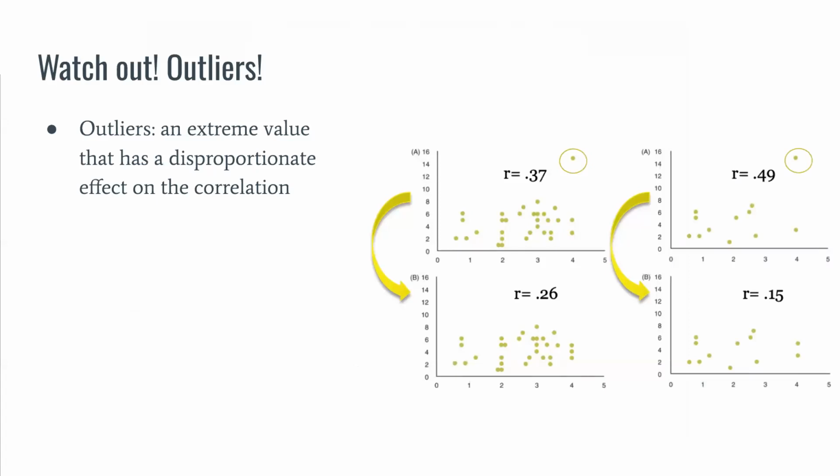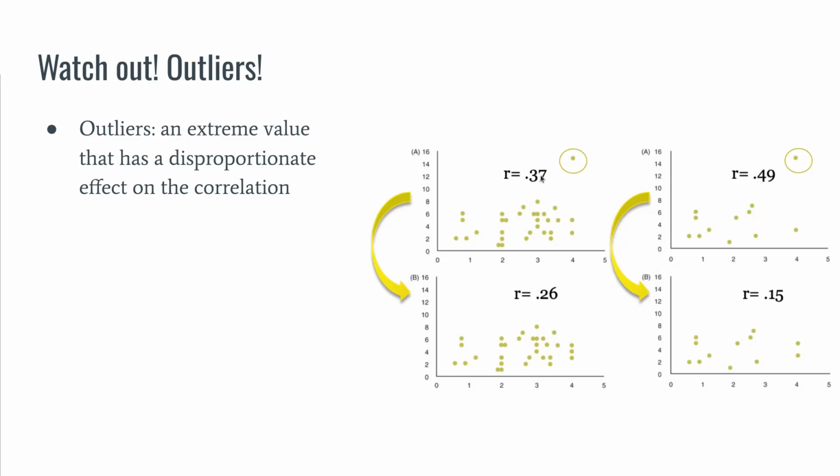We need to be careful with outliers because an extreme value has a big leverage on the correlation, especially when sample size is small. As you can see from this example, if we have an R value at 0.26, and we have this outlier, it changes the R value from 0.26 to 0.37.